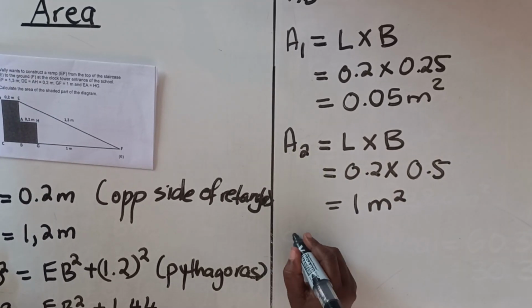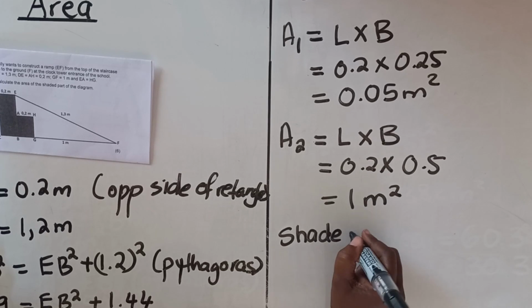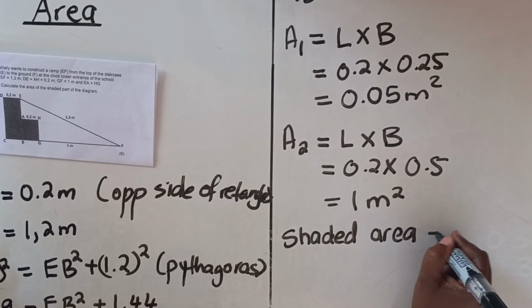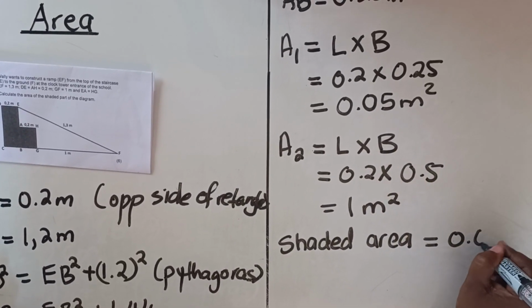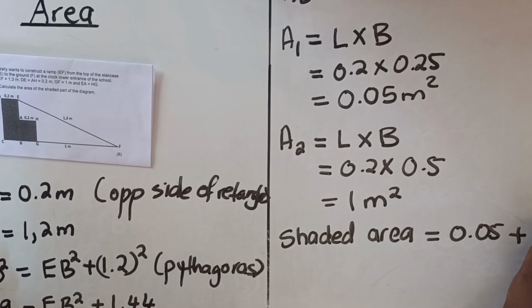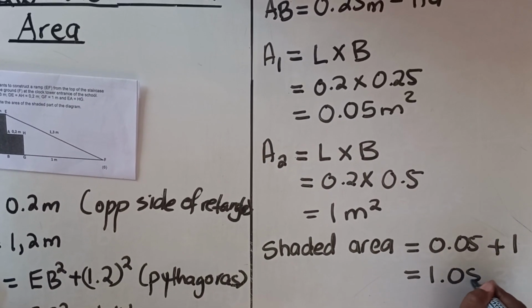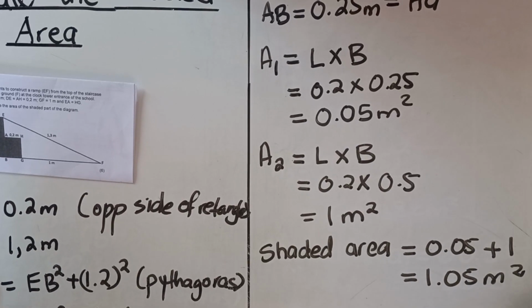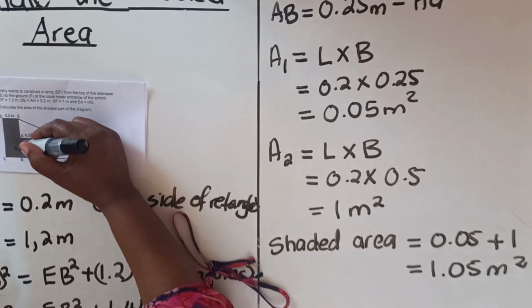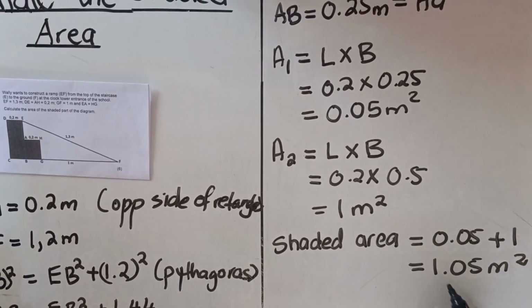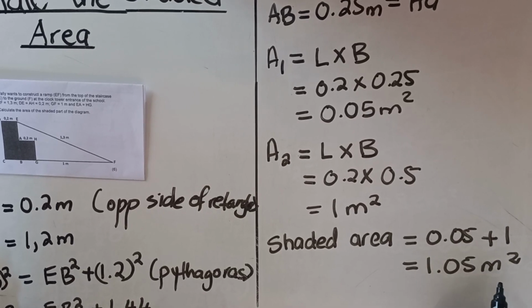So in this question, the shaded area is equal to 0.05 plus 1, which is equal to 1.05 meter square. So this whole shaded area is 1.05 meter square.